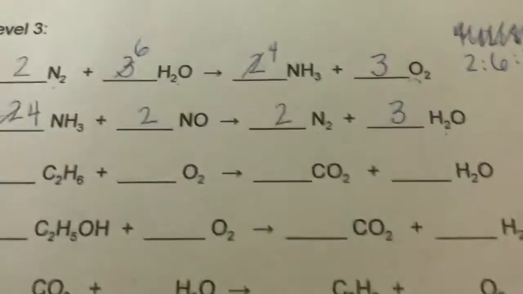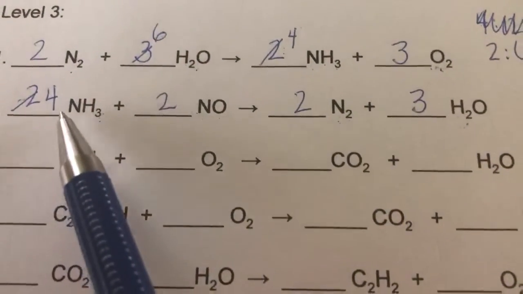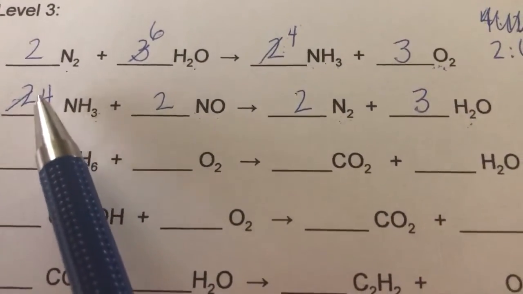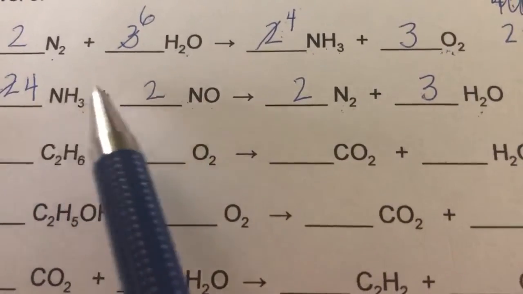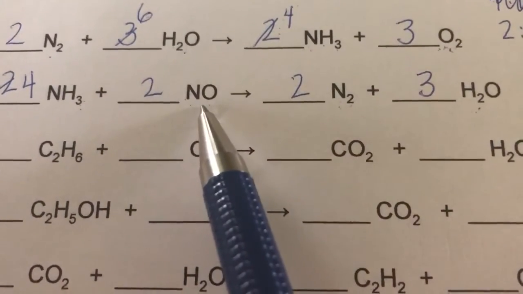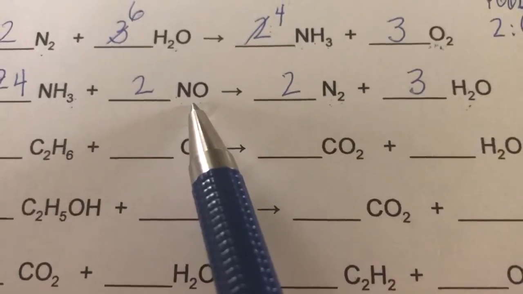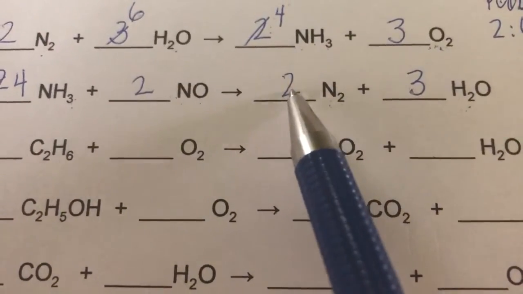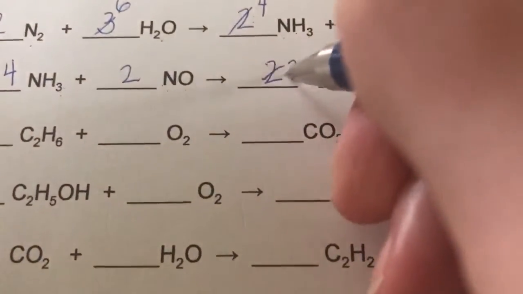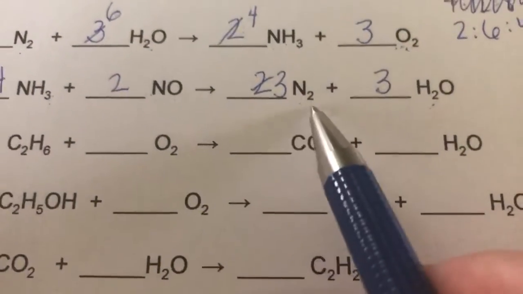Let's double the first one. Let's make that 4 nitrogens. Let's double that. Now I have 4 nitrogens plus 2 nitrogens, which is 6. Okay, that's not going to work. That's going to be a 3. We're going to have 3 times 2, which is 6.